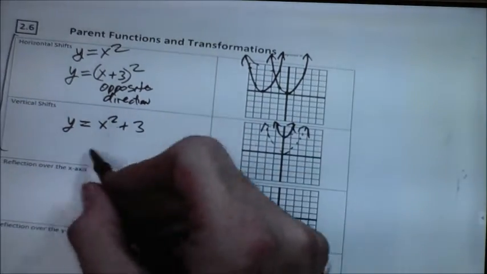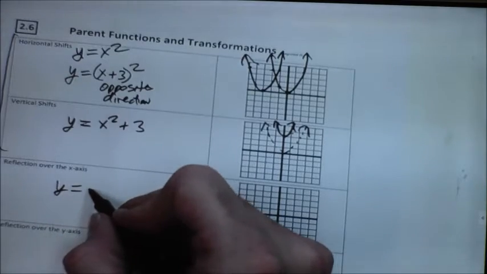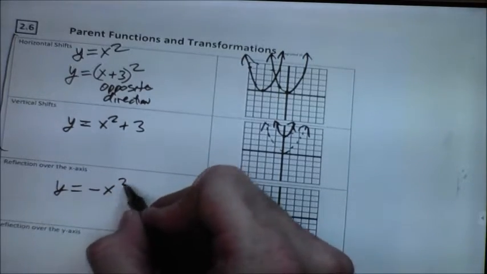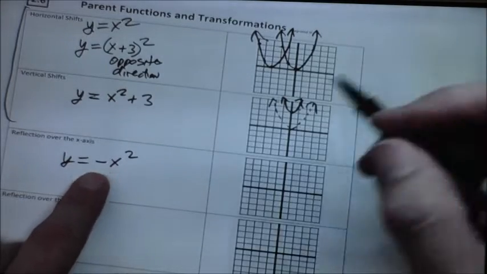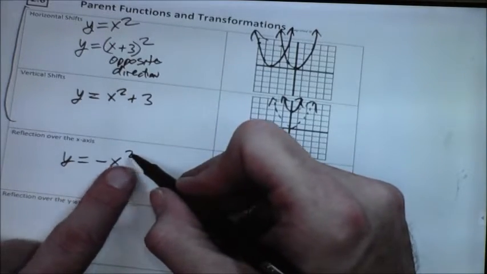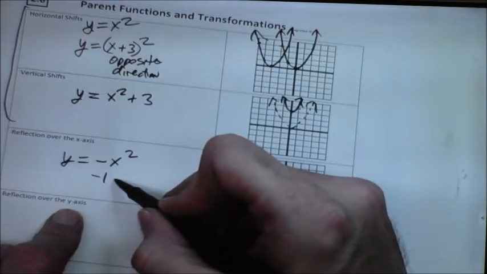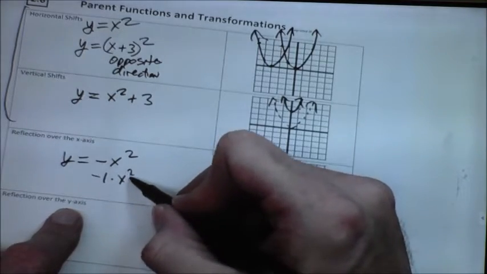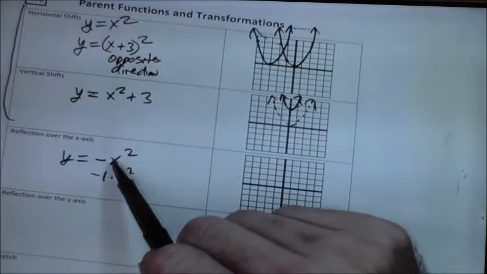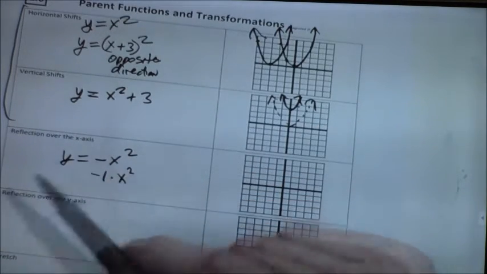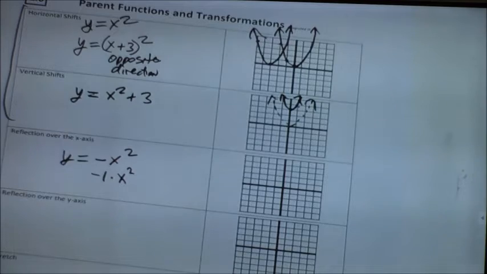Now, reflection over the x-axis. That is when you simply have a negative here. Now, what that means, remember exponents come before multiplying. That really means it's -1 times x squared. So if I were calculating numbers, and if I put a 4 in here, 4 squared is 16, times -1, I'd have a -16.